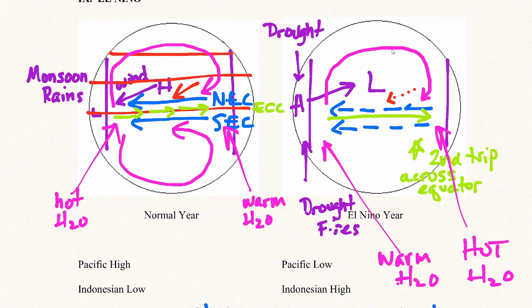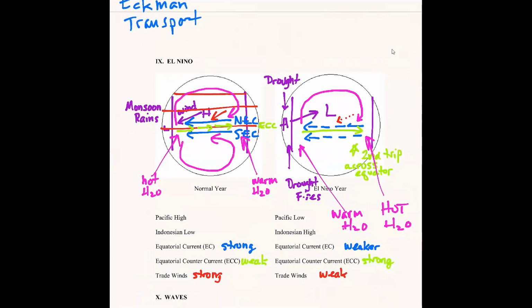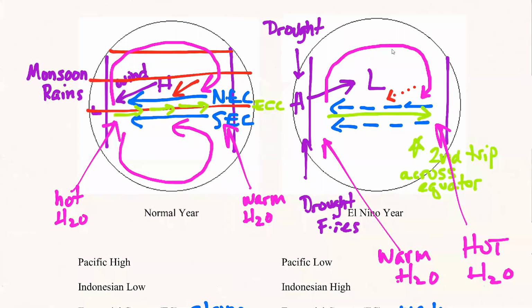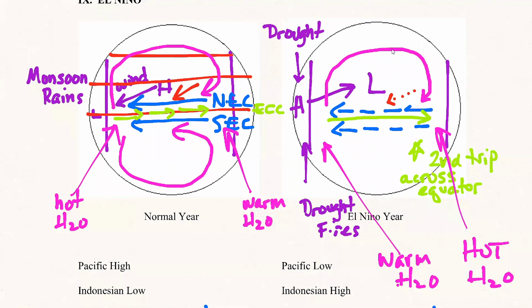So because we've increased the temperature of the water, we also make evaporation a lot easier. So the net result of having an El Nino situation is we're going to increase the water temperatures. I'm going to put this up to the right here.